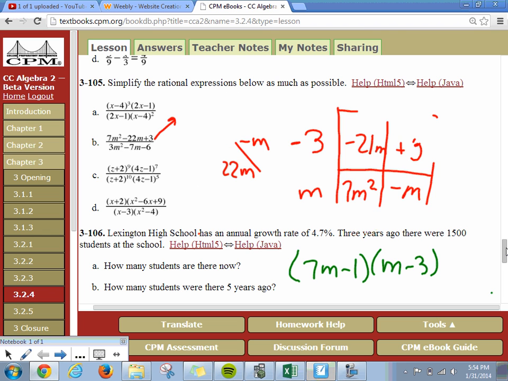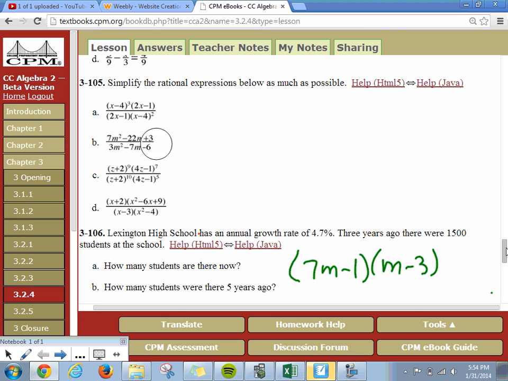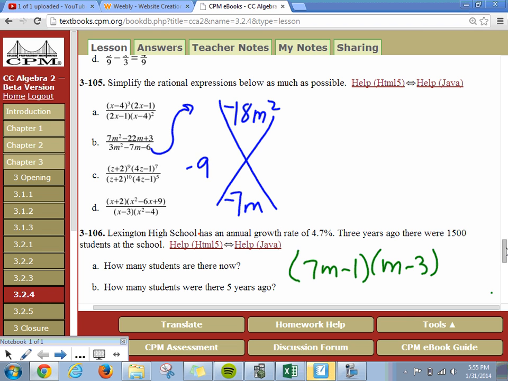We'll do the same thing to factor out the bottom using our x box method. So now we'll do the bottom in blue. So we'll do our x, negative 18 m squared, over, in the bottom, negative m. So it looks like we're looking for, let's see, 3 and 4 will give us 12, so we want 6 and 2.